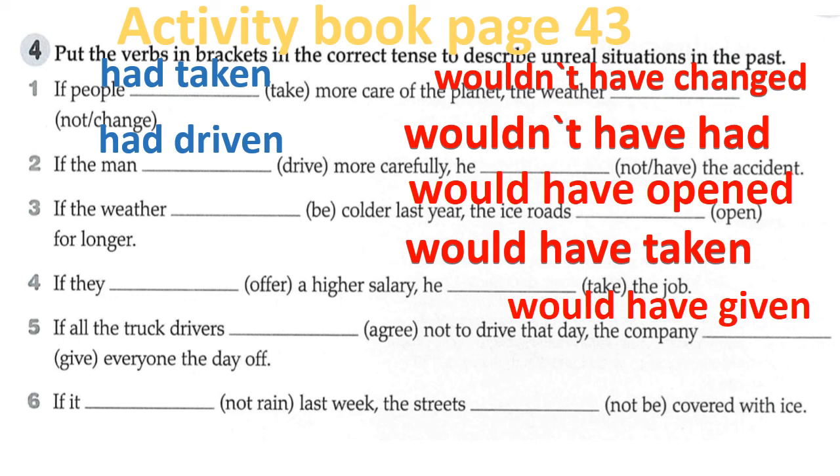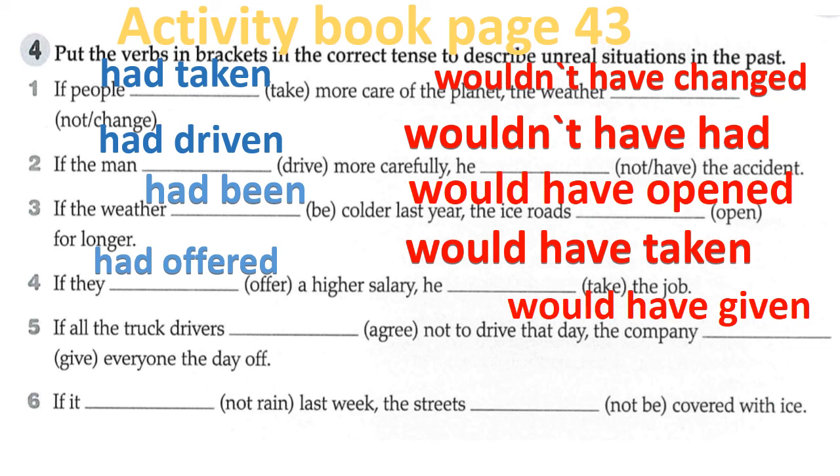Had. 3, if the weather had been, the past participle of be, colder last year, the ice roads would have, the past participle of open, opened. If they had offered a higher salary, they would have taken the job.